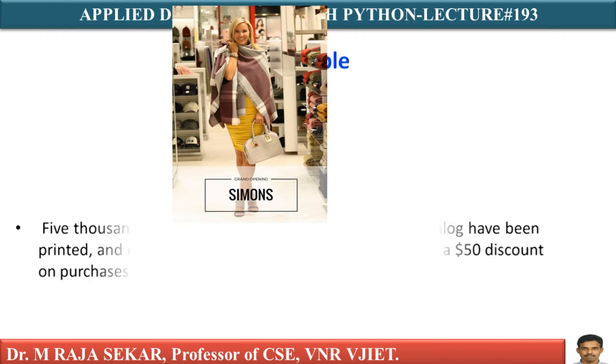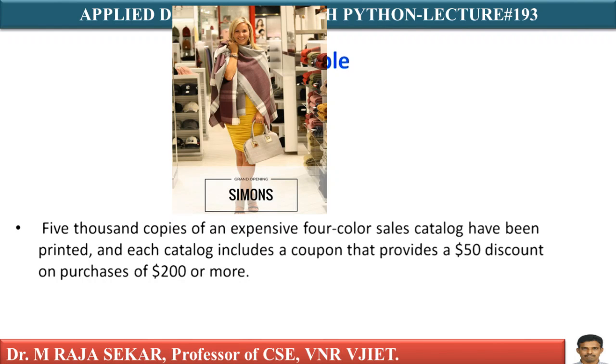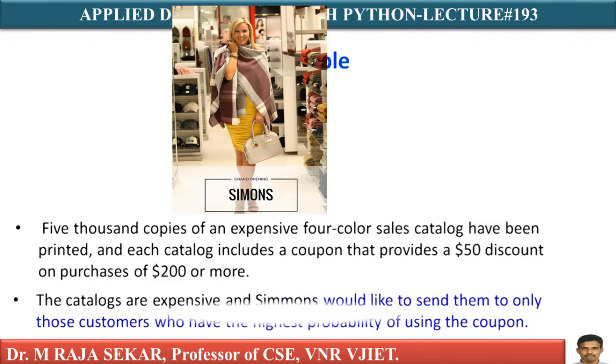Here, 5,000 copies of an expensive 4-color sales catalog have been printed, and each catalog includes a coupon that provides a $50 discount on purchase of $200 or more. The catalogs are expensive and Siemens would like to send them to only those customers who have the highest probability of using the coupon.